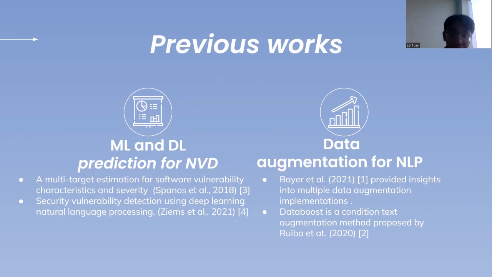For data augmentation for NLP, we have a previous paper from Bayer in 2021, which provides multiple data augmentation implementations and frameworks, such as basic data augmentation, and also lists some challenges of data augmentation implementations, which can be tested and seen in this project.